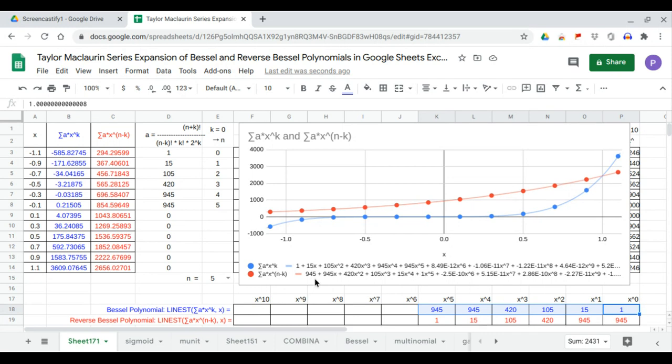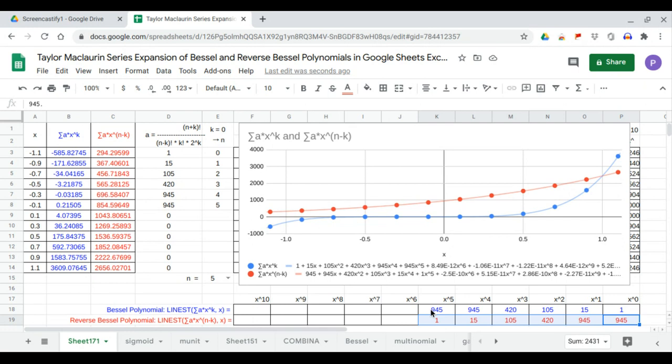Our reverse Bessel will be 945 plus 945x plus 420x squared plus 105x cubed plus 15x to the fourth plus x to the fifth.